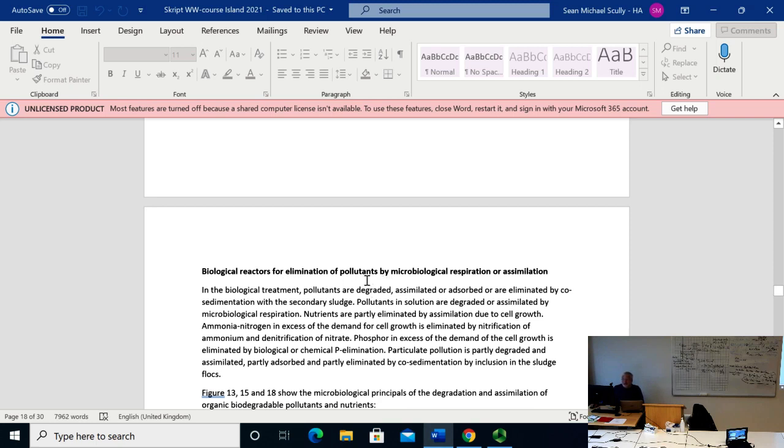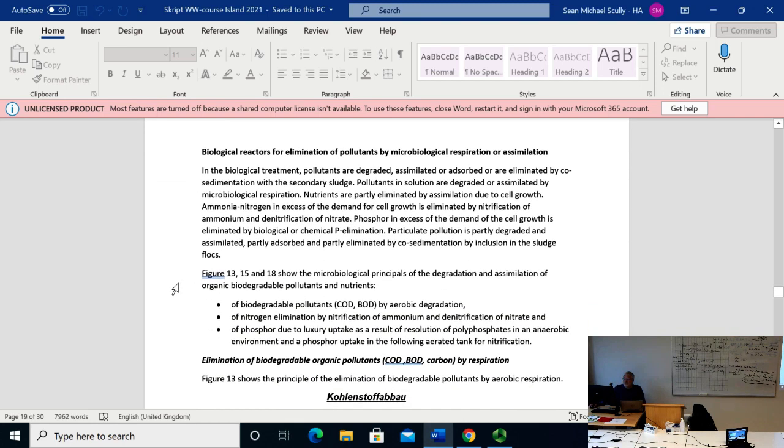For elimination of pollutants by microbiological respiration and assimilation, in the biological treatment, pollutants are degraded, assimilated, or absorbed, or are eliminated by co-sedimentation with the secondary sludge. They are either degraded, which means by respiration, assimilated in cell growth, or absorbed.